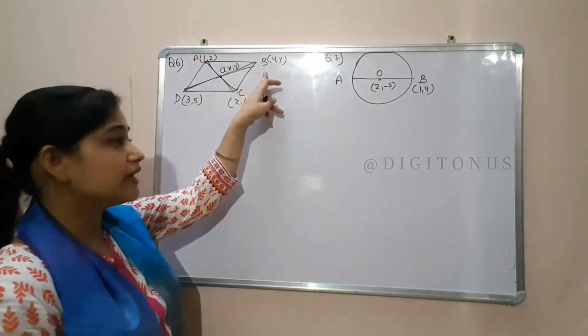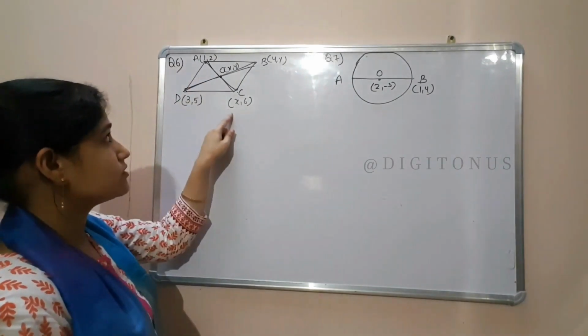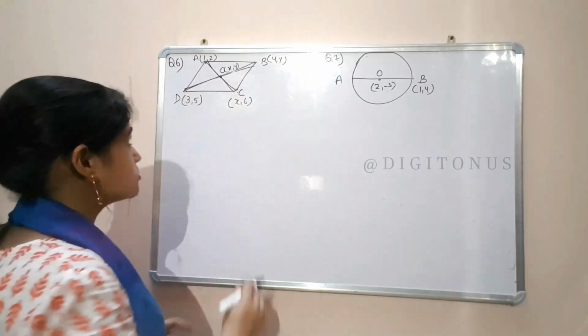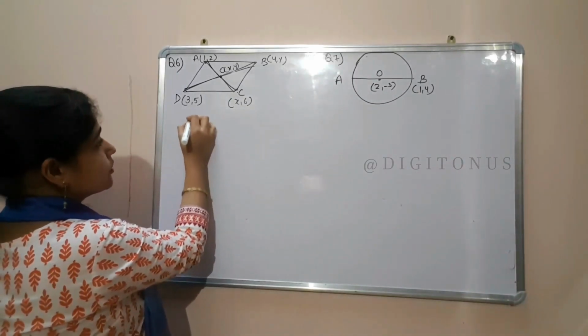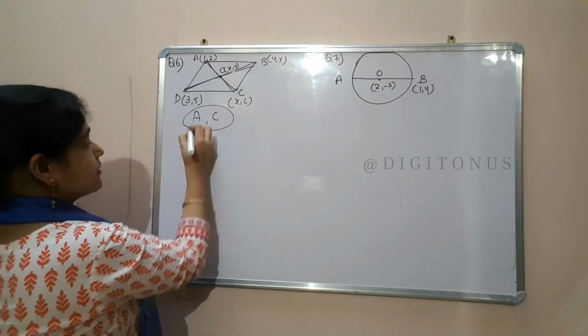If we take B and D, then the midpoint will be x y. If we take A and C, then also the midpoint will be x and y. So first we will apply the midpoint formula on AC.